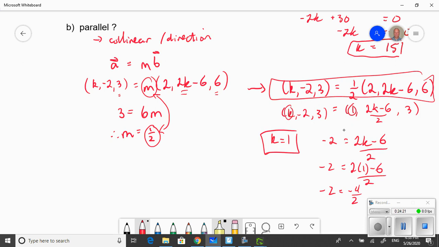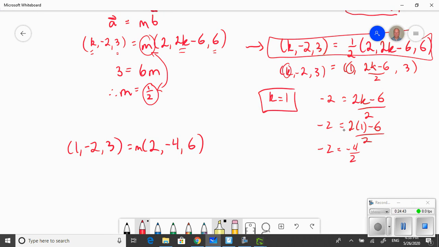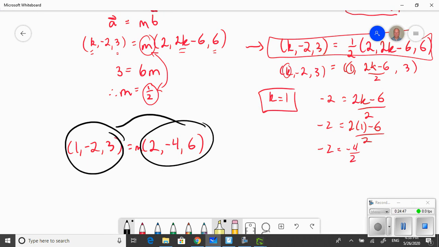I know that these two vectors are parallel. Let's write that statement here. So when k equals 1, I've got 2 times 1 minus 6, which is negative 4, and 6. So look at that statement. Clearly we can see that this and this vector are related by a factor of m equals 1/2.